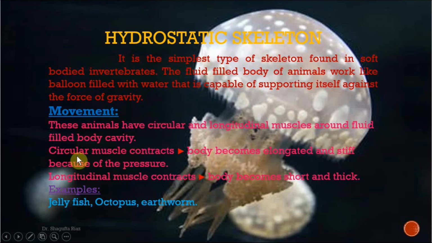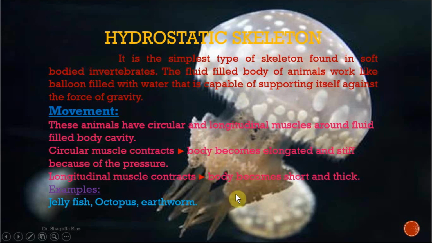Because of the circular muscle contraction, the body becomes elongated and stiff because of the pressure exerted by the fluid present in the body cavity, right? When the longitudinal muscle contracts, the body becomes short and thick. In all these animals which have hydrostatic skeleton, the alternate contraction of circular muscles and longitudinal muscles causes the body to elongate and to become shortened.